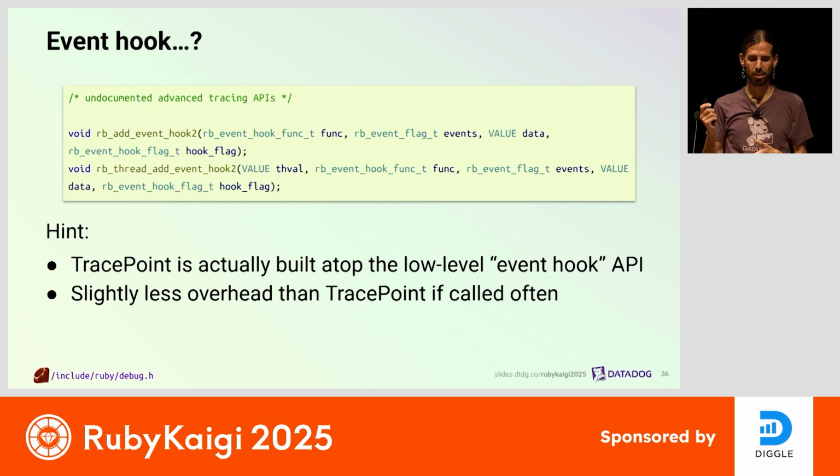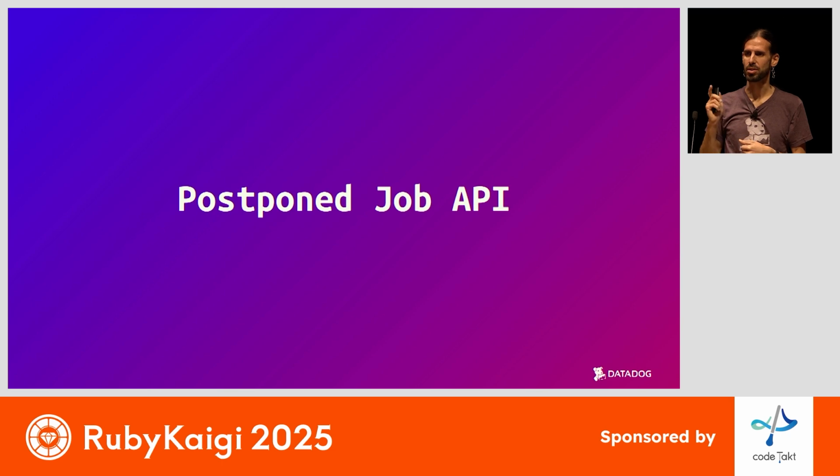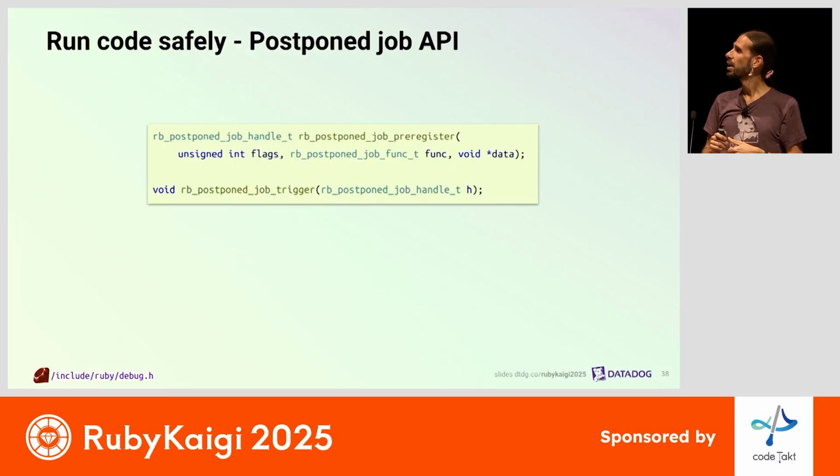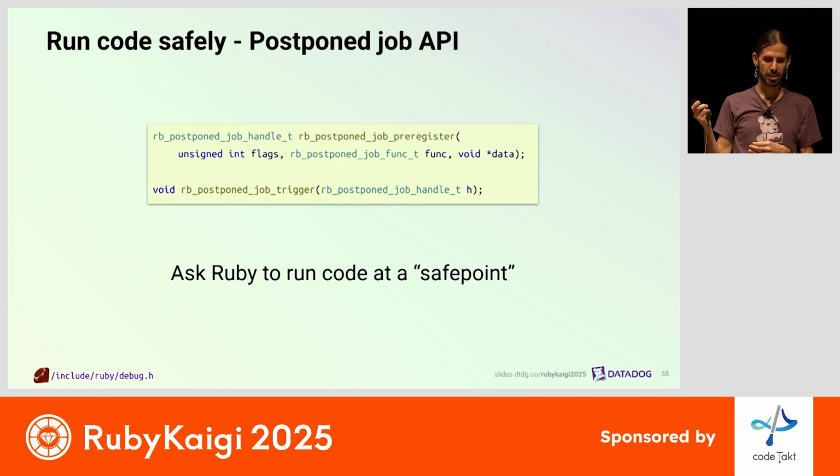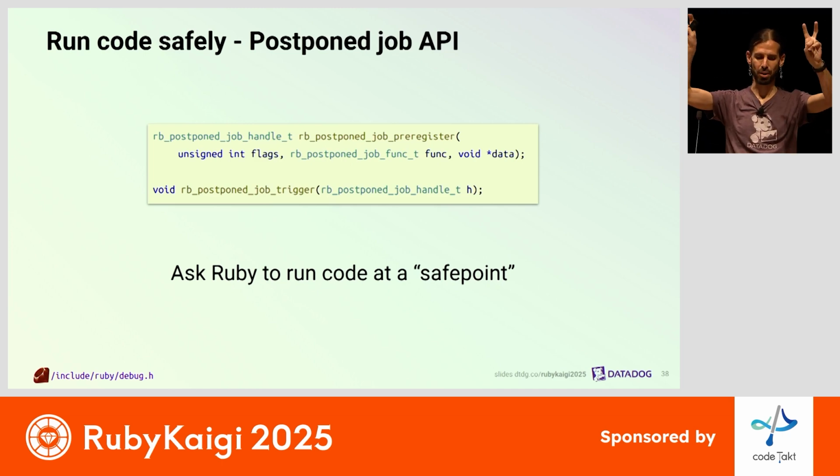Okay, let's talk about the postponed job APIs, which is a very interesting API. So the postponed job API kind of looks like this. There's a pre-register function and then a trigger function. And the idea of the postponed job API is to ask Ruby to run code safely, or at a safe point.